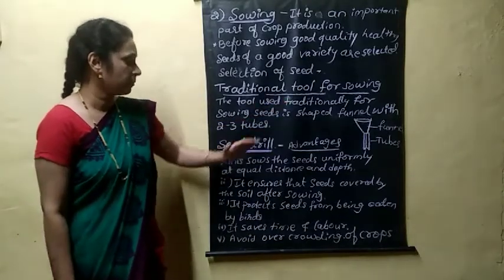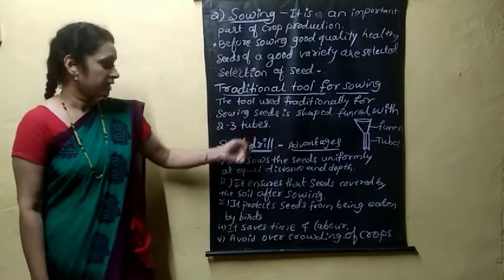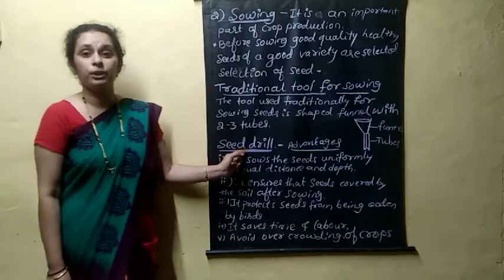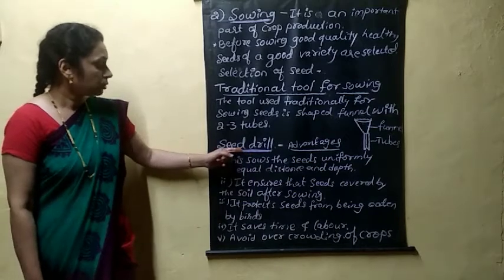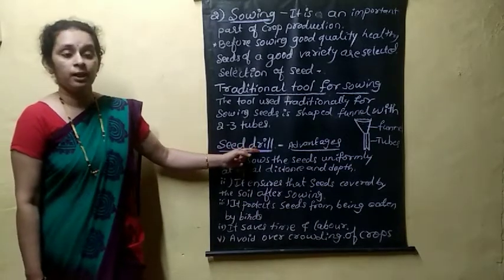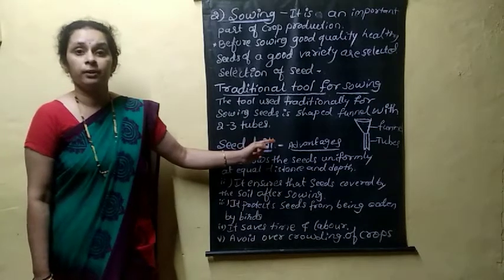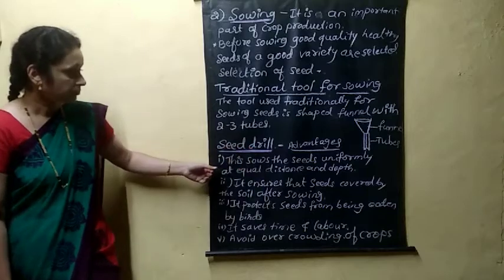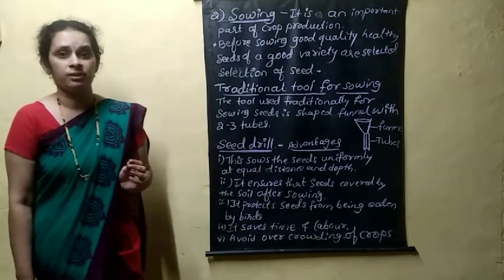This is the traditional method. Another tool used for sowing is the seed drill. It is a very important tool, and sowing can be done with the seed drill working with the help of a tractor. The seed drill has many advantages.